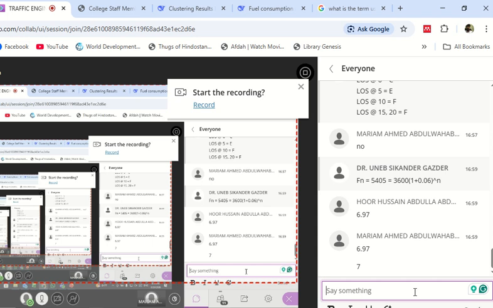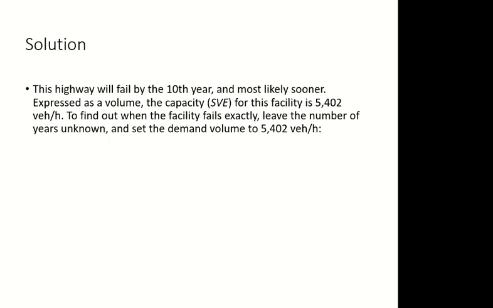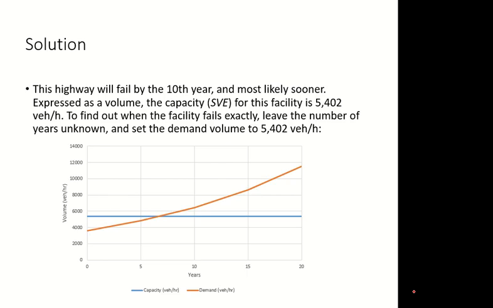So any improvements should be done before the 7th year. So now it gives you the exact plan where it should be done. This is the graphical version of it. This is the capacity 5404, level of service E value, and these are your volumes, 3600 and so on.